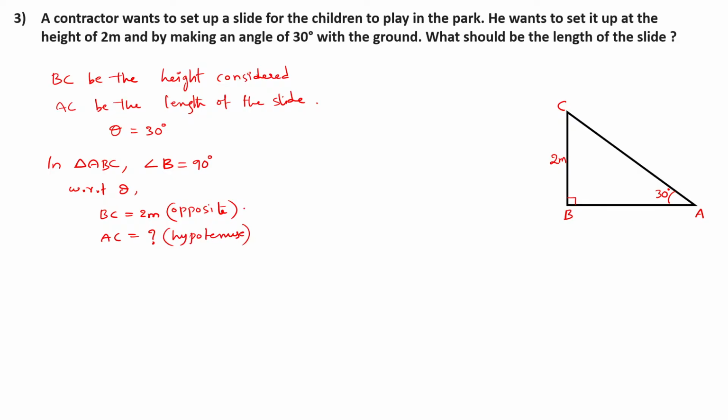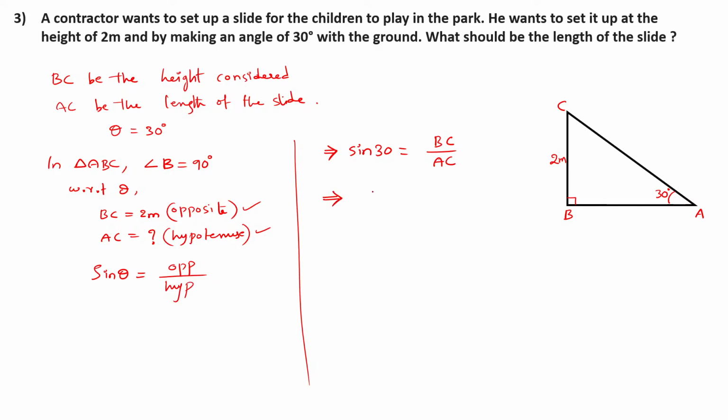So what is the trigonometric ratio between opposite and hypotenuse? It is nothing but sine theta. Sine theta formula will be opposite side by hypotenuse. So sine 30 degrees is equal to opposite side BC by hypotenuse AC.